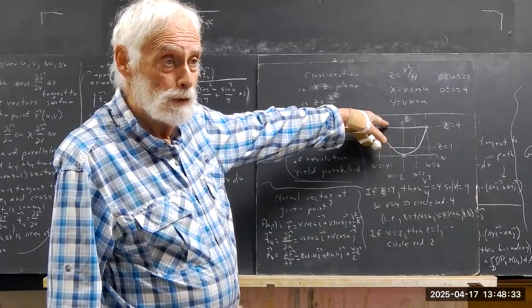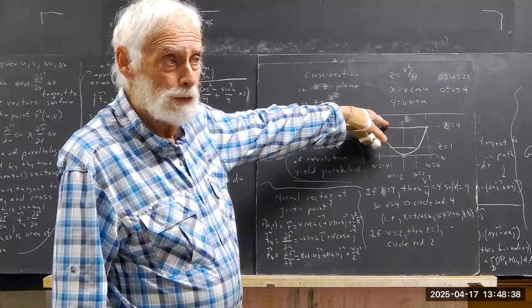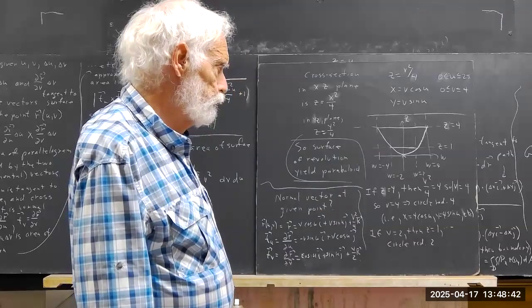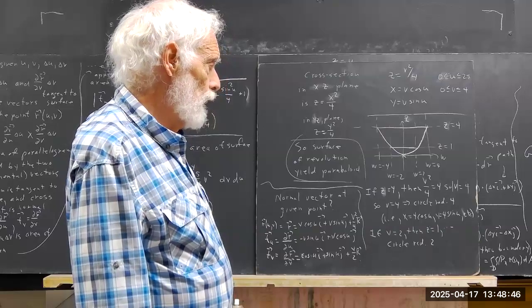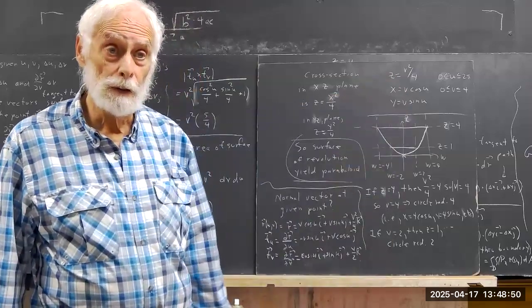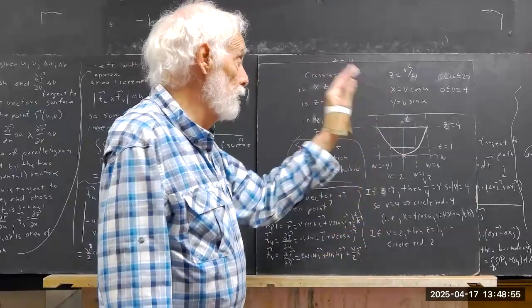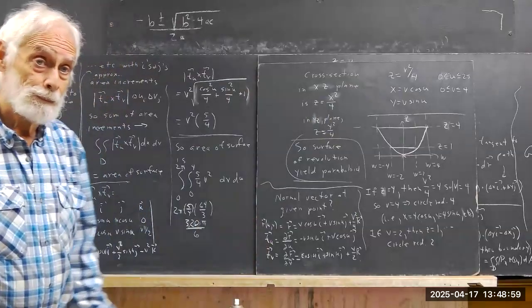Get pi z cubed over 4. 64 pi. That comes out a little low. Anyhow, you can check that just by second semester calculus. You can do cross sections parallel with the z-axis. You can do cross sections parallel to any axis and integrate.